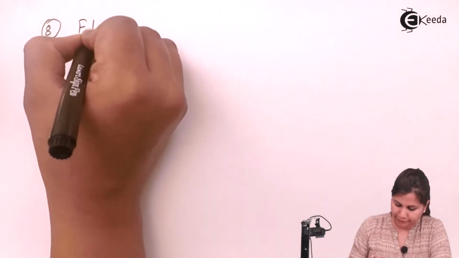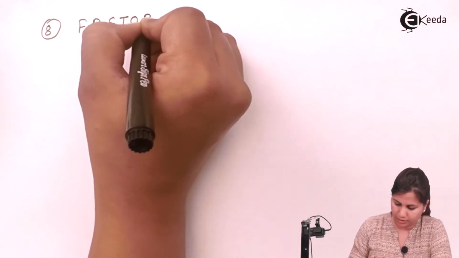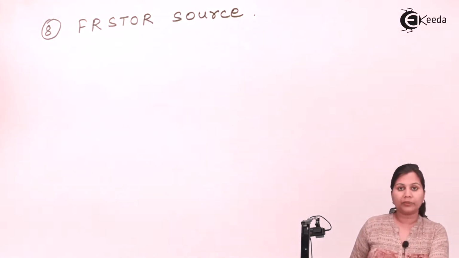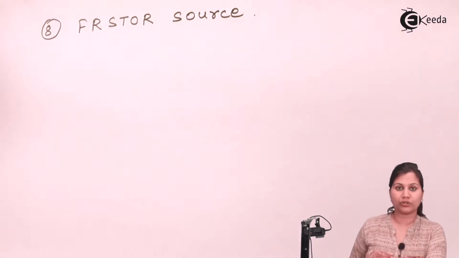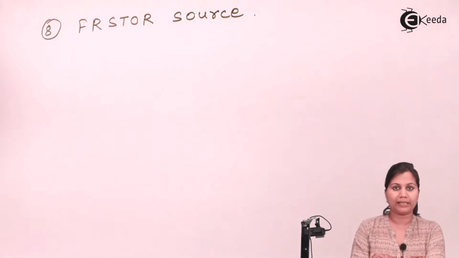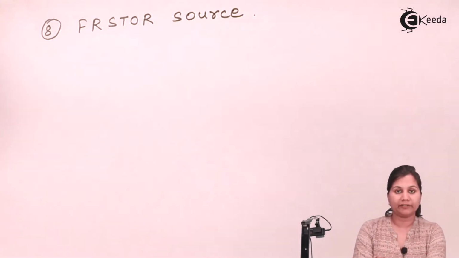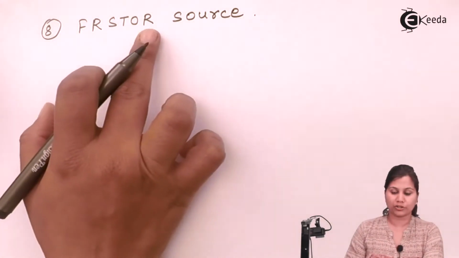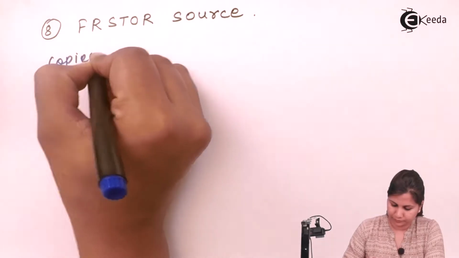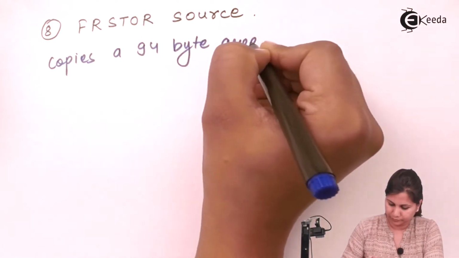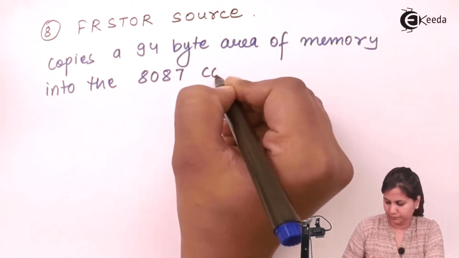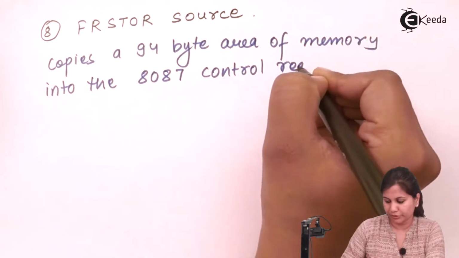Next instruction is FRSTOR source. Now this instruction is going to restore all the data. Earlier all the data was saved to the 94 byte area of the memory. Now if we want to retrieve that data, then we will use the instruction FRSTOR, that is restore. Control word is copied to the control register.